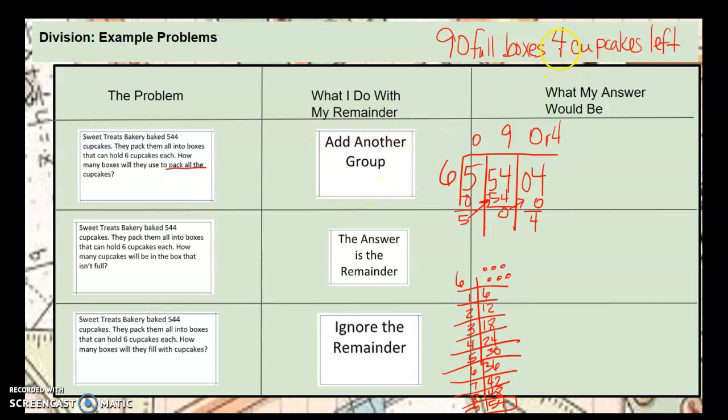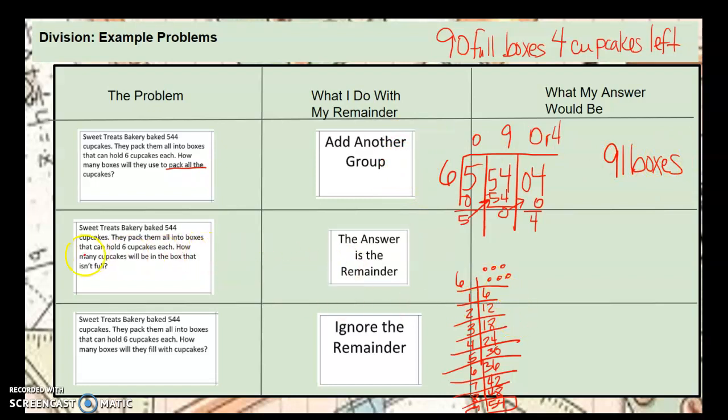We are going to take these 4 and put them in their own box, which means I'm going to have 90 that are full and 1 box that only has 4. That means I still am going to need 91 boxes because I have 90 full ones and then 1 that's almost full, so 91. So you add a group.